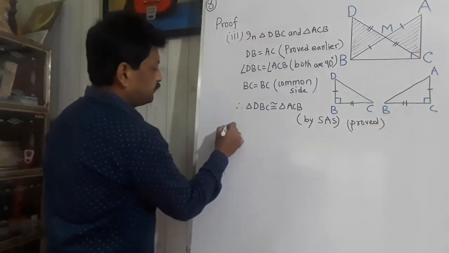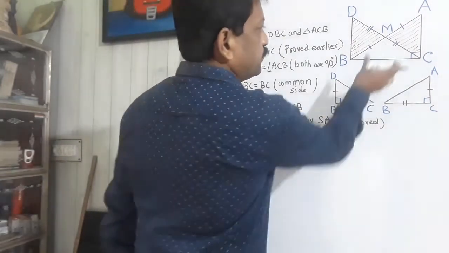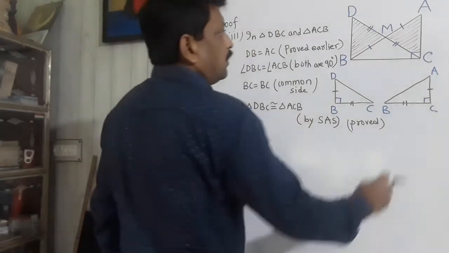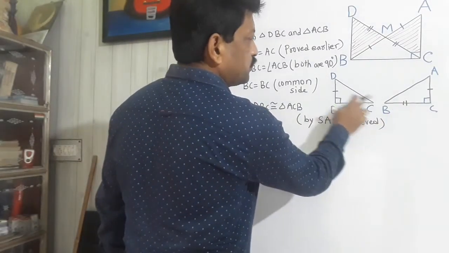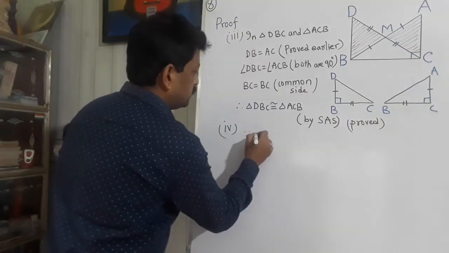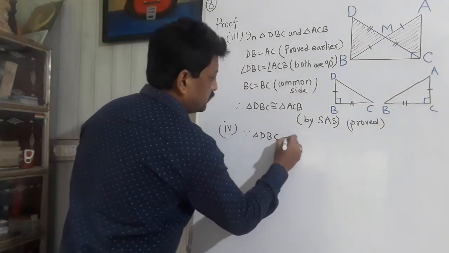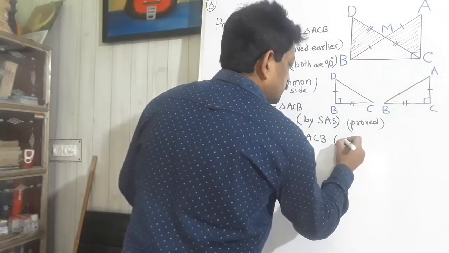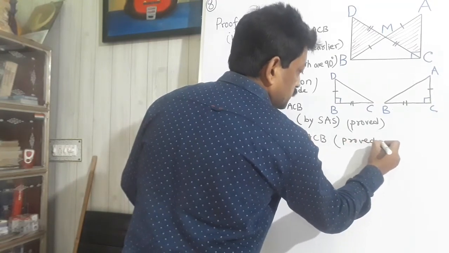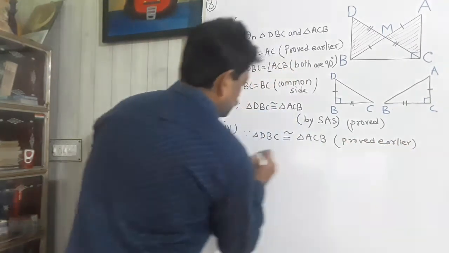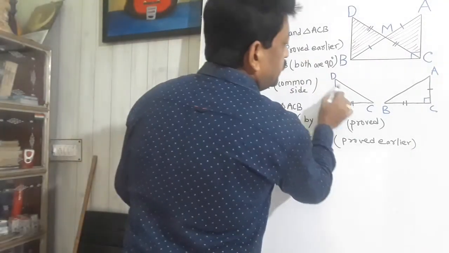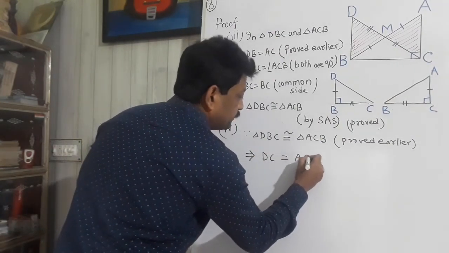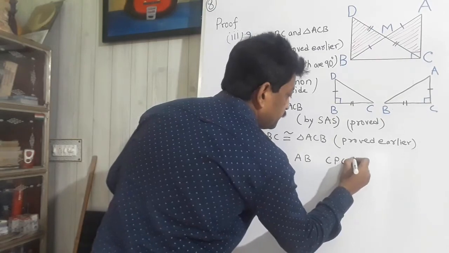Now the last part of the question, where we have to show that CM is half of AB. So first of all, since these two triangles are congruent, since triangle DBC is congruent to triangle ACB, proved earlier, then we can write DC is equals to AB. The reason is CPCT.